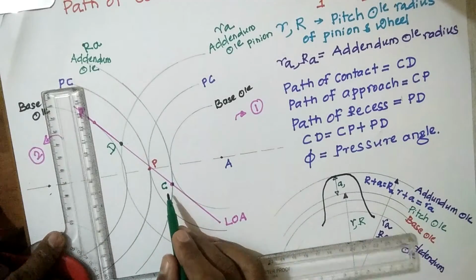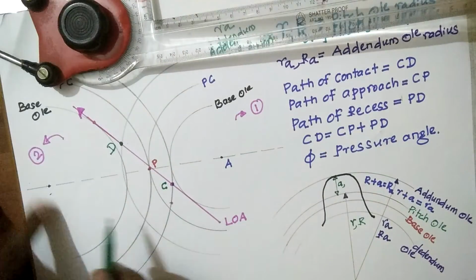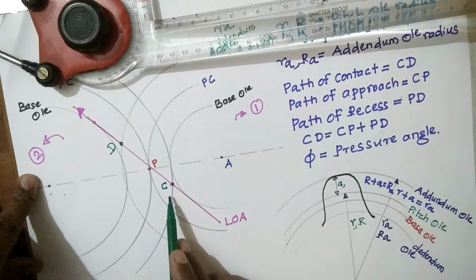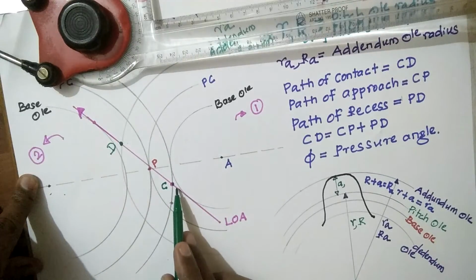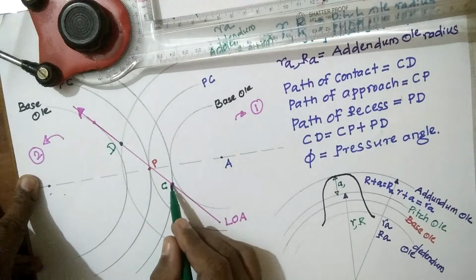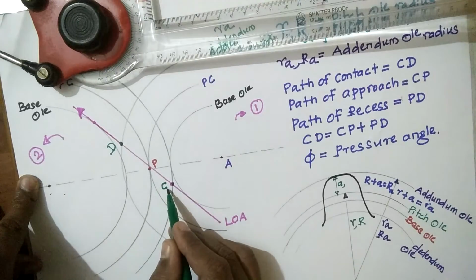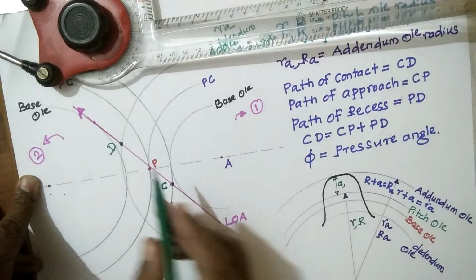We have to define it: the addendum of the wheel intersecting with the line of action, that point is nothing but the point of engagement or point of contact. I will designate it as point C, the point of contact.